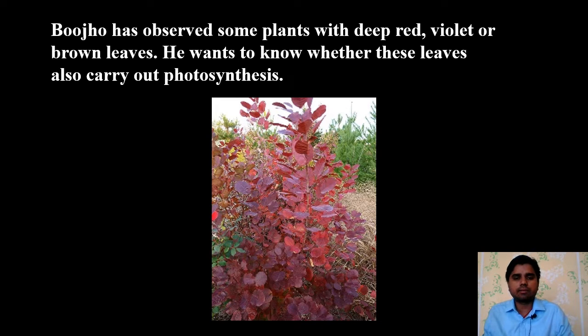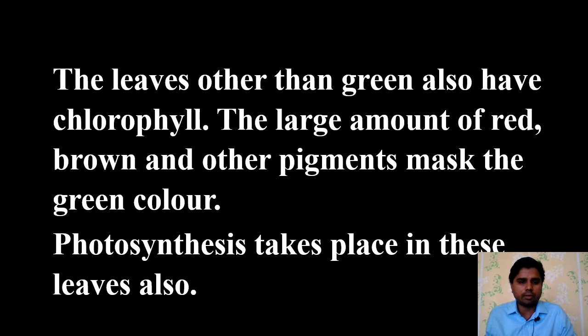So we can see that this leaf that is present over here does not contain green color. So what does it mean? The leaves other than green also have chlorophyll.